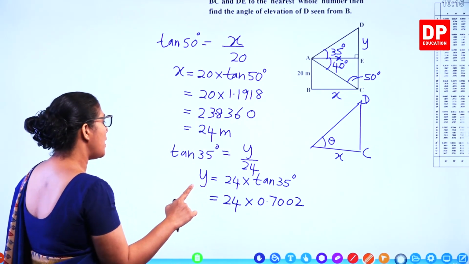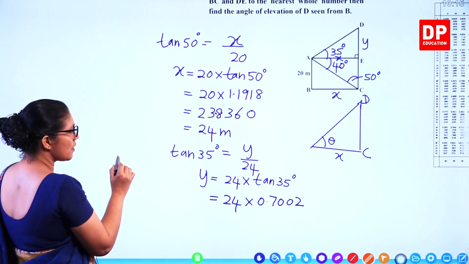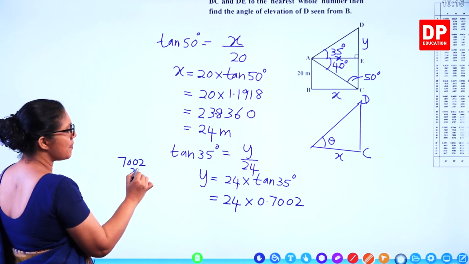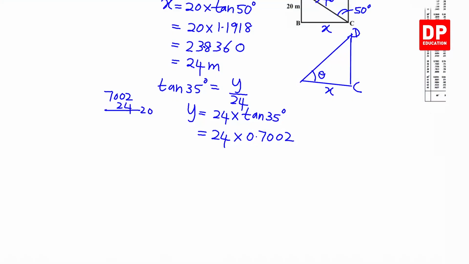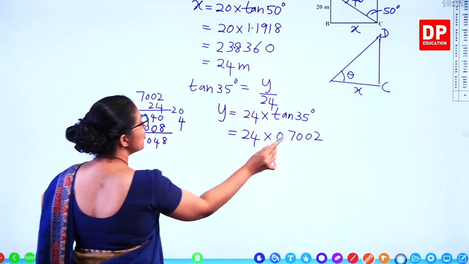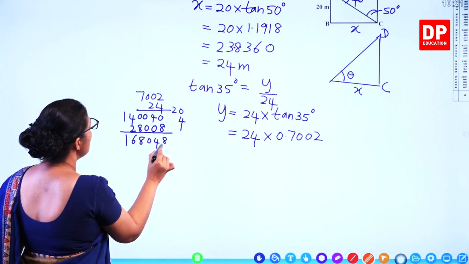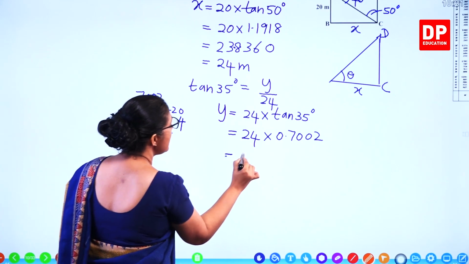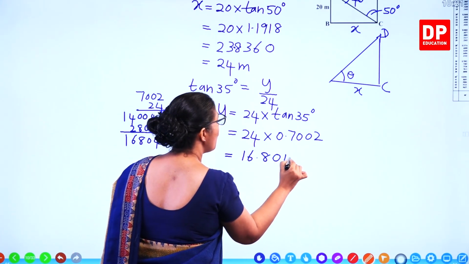So you have to multiply by 24. 7002 multiplied by 24. 4 times 2, 8. 4 times 7, 28. You get this value and put 4 decimal places: 16.8048.